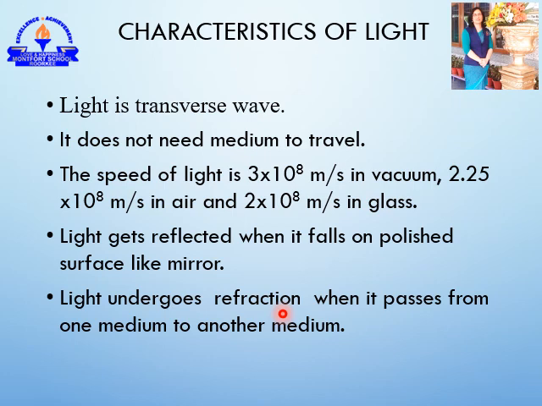The example of a refraction is if you have a glass full of water and you put a pencil in that glass and see that glass from a distance, you will see that pencil seems to be broken at one point at the interface. When light passes from one medium, from air to water, it seems to bend toward one side. That is known as refraction of light.